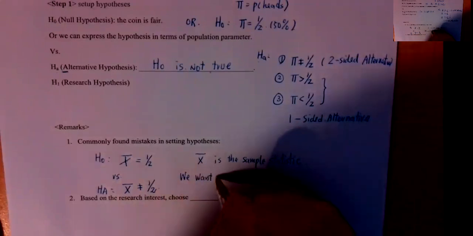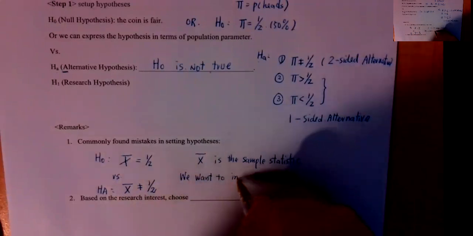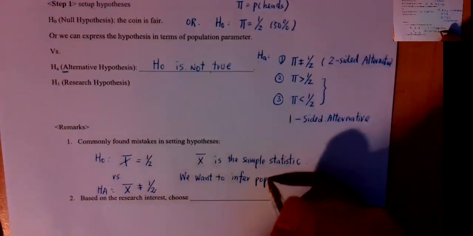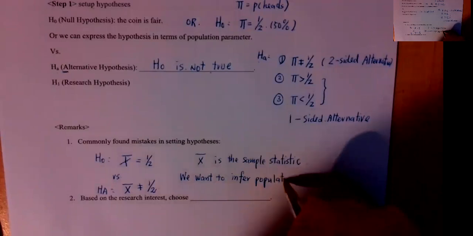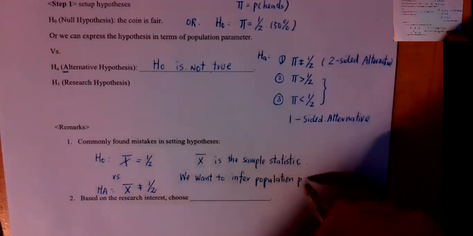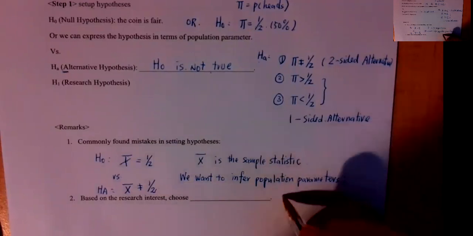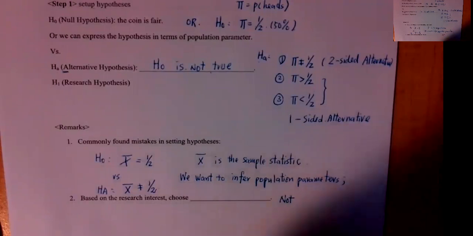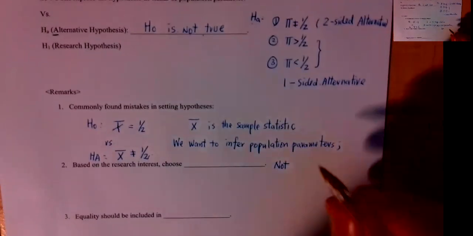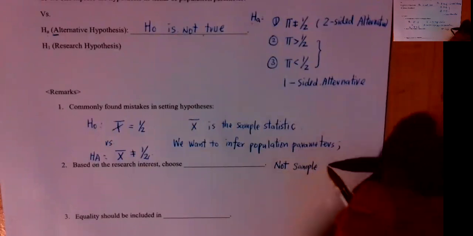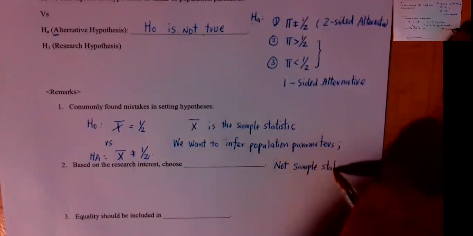We want to infer population parameters, not sample statistics, okay?